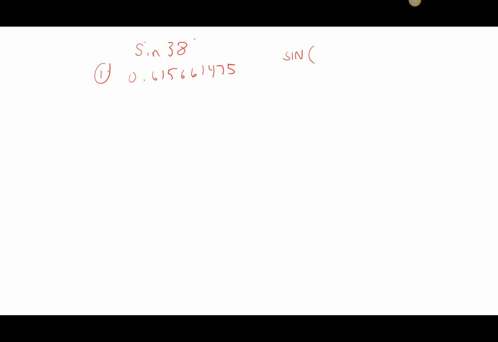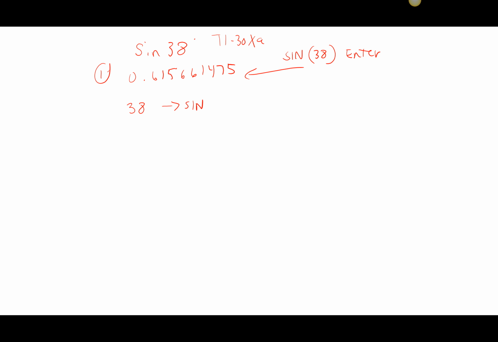It'll come up like that, and then there'll be a parentheses like that. And you'll put in your 38, another parentheses, and enter. And you should get the same answer. But if you have the TI-30XA or one of those models, you'll type in 38 first and then hit the sine button like that, okay? And that's important. So play around with that and make sure you can do that.